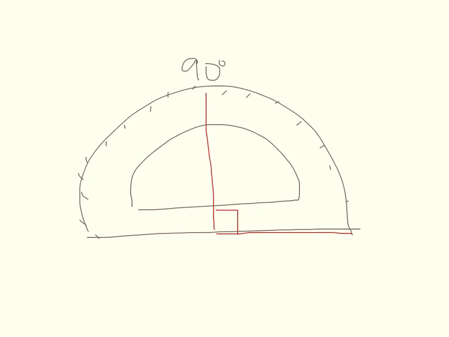So for example, you might also see an upside down right angle. That angle is also measured at 90 degrees. Other right angles we've seen look like this. That's also 90 degrees. In the upside down right angle example, the protractor would lay like this, upside down.